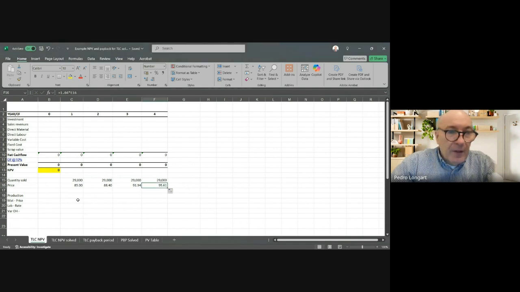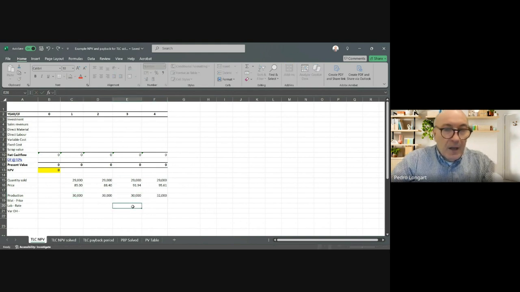So I put 30,000 here for my production, which is going to be the same value for the first 3 years, and the last value is going to be 32,000. Then I want to know the price of the materials, the labor rate, and the overheads per unit, which I already have here.